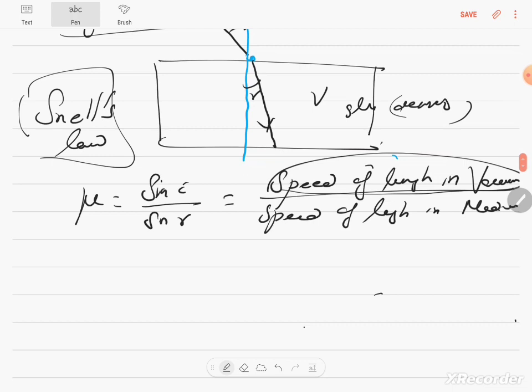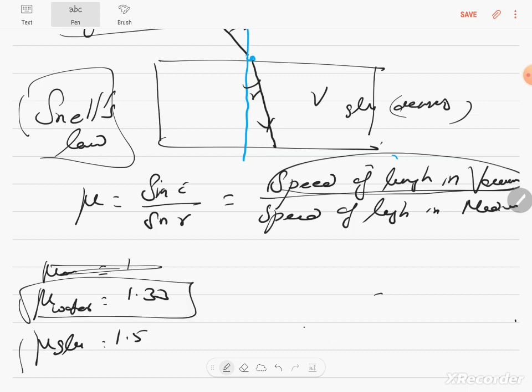So the refractive index of water is 1.33. The refractive index of glass is 1.5. The refractive index of air or vacuum is just 1. There is a refractive index for every medium, especially water and glass. You need to learn by heart 1.33 and 1.5.